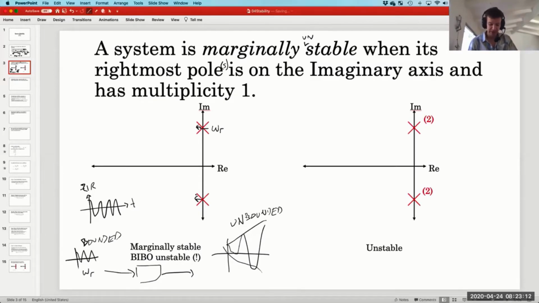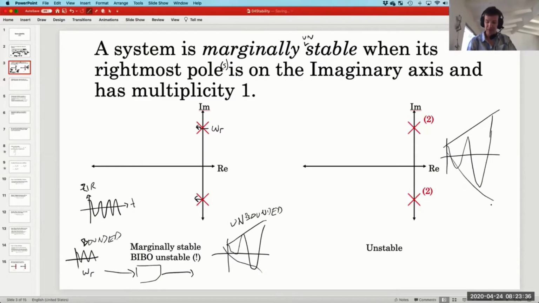Let's contrast the left-hand system with the right-hand system, in which the rightmost poles are on the imaginary axis, except they have what we call multiplicity 2. So these are repeated poles on the imaginary axis, in which case any initial condition is going to produce this growing oscillation behavior.